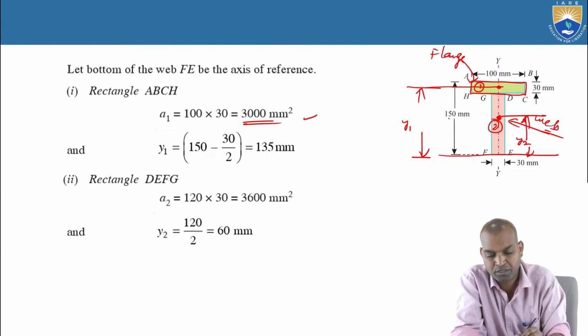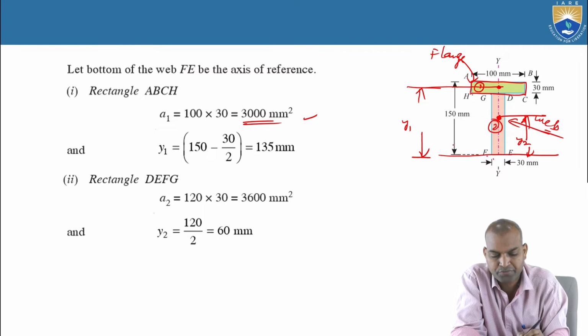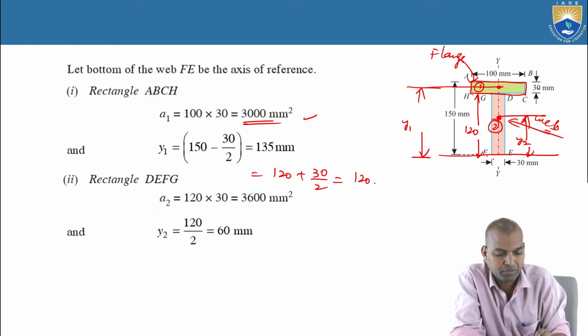Y1 is from here up to H to F, which is 150 minus 30, that is 120, plus 30 by 2, that is 15, so 135 millimeters.